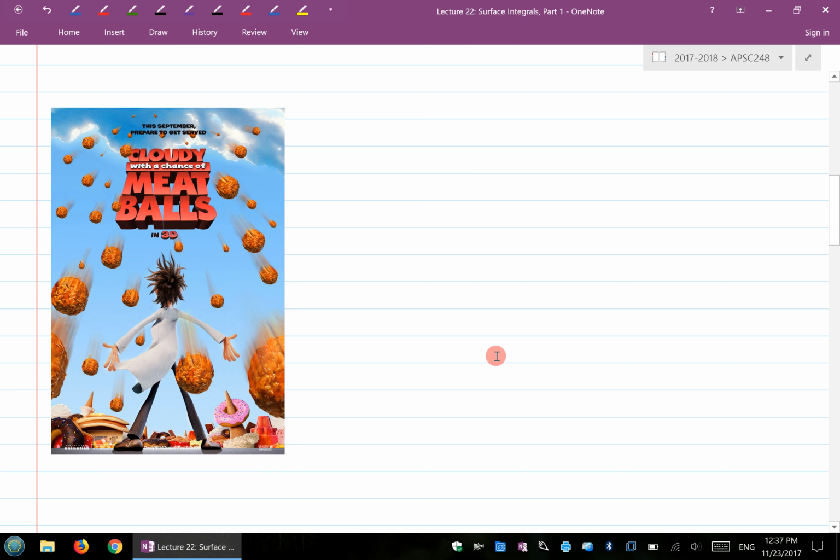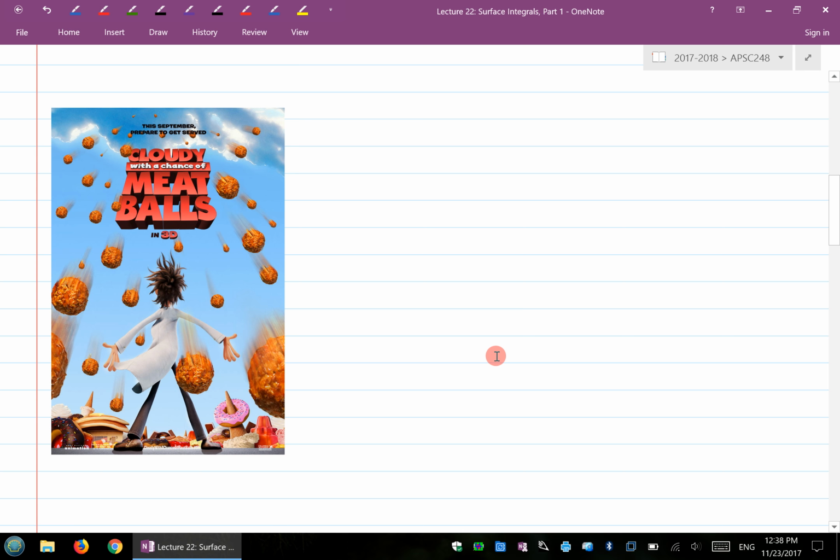So this meatball is this quantity, this property, and there's the rate of flow here. Now think about it. You only have this much here. So the question is, how could you catch as much as possible? What condition will give you the maximum quantity that you can catch? Think about it.